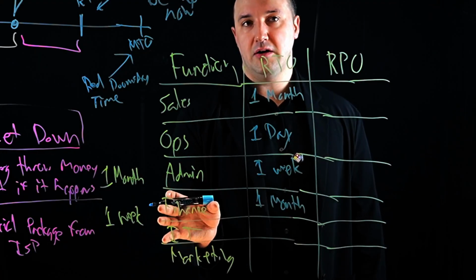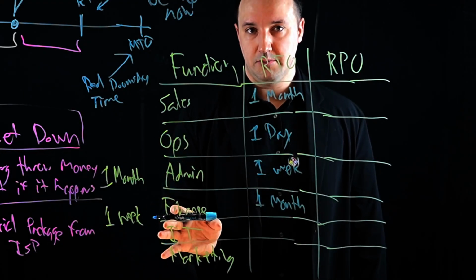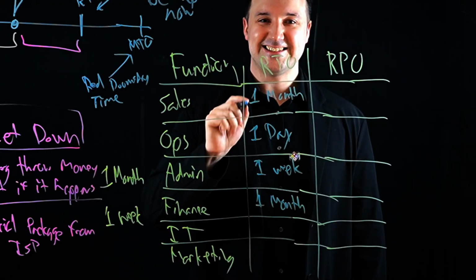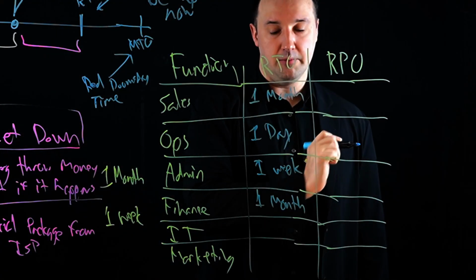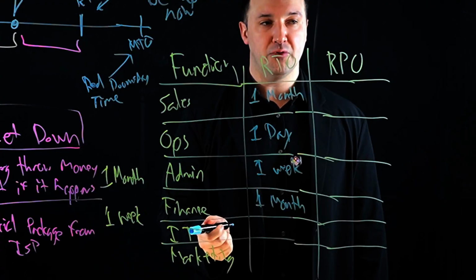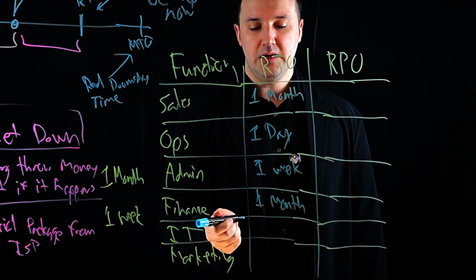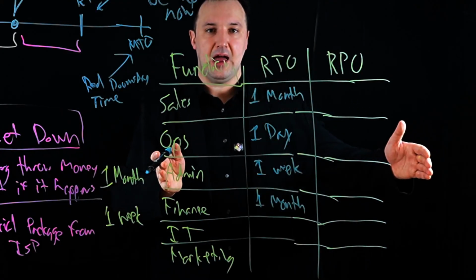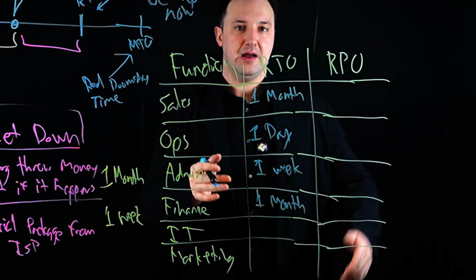This isn't how long until IT starts fixing the problem. This is how long until IT has successfully fixed the problem. So this isn't instant for almost anybody. This is how much leeway I have to really fix my issue. How long do I have?